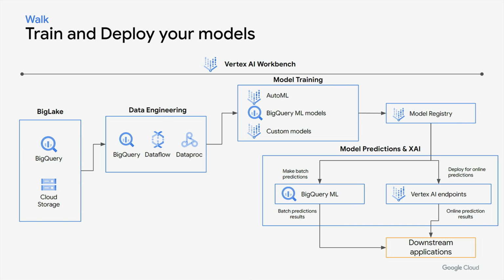And then you move on to model training on AutoML, Vertex AI custom models, or BigQuery ML. And then you can register your models in Vertex Model Registry and deploy these models for batch inference on BigQuery ML or Vertex AI endpoints for batch and live inference to power your downstream applications.